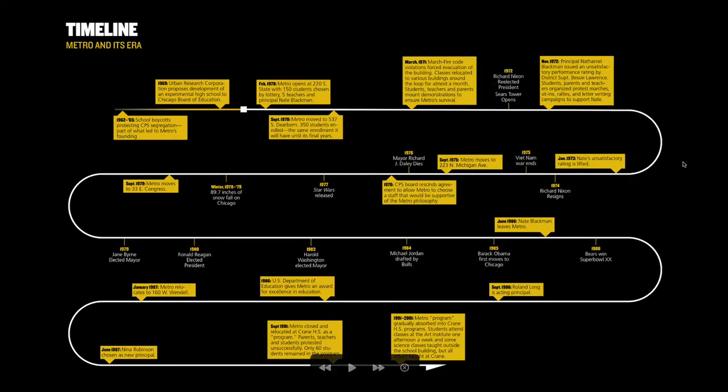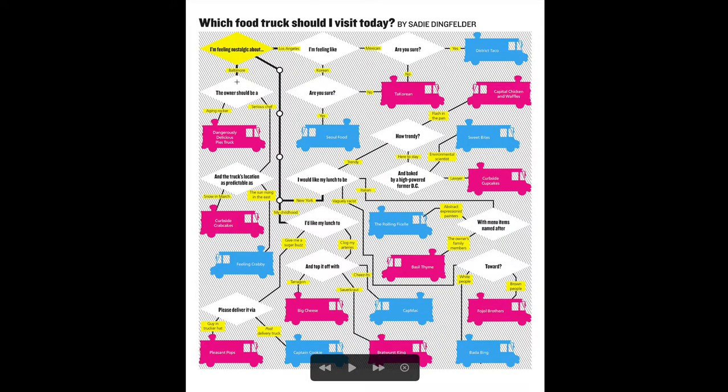So here you start at the top, upper left, where people are used to reading, and it has a leading question, I'm nostalgic about, and you have two choices, Baltimore or Los Angeles. Now, the thing about this is the real reader of this is not necessarily nostalgic for either of these places.